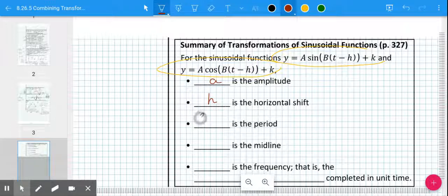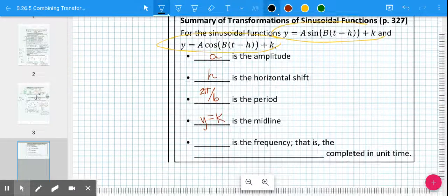To find the period, you do 2 pi over b. I'm using a little b, but you can use a big B, doesn't matter. And then the midline is always y equals k. The last little thing on here that's not super important, but may come up in problems is b over 2 pi, the flip of that. That's called the frequency. And what that is the number of cycles that are completed in unit time.